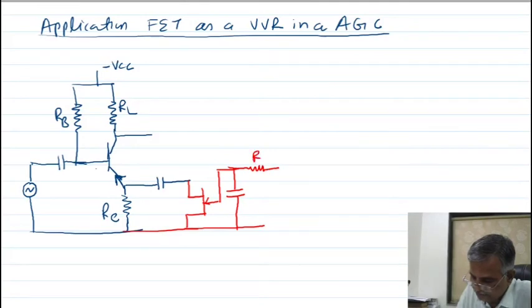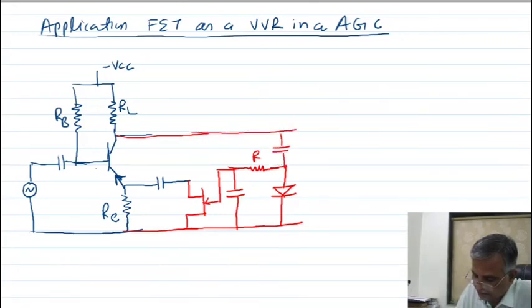This resistor R works as a clamper circuit, and this output here I am taking across the capacitor. This is the output voltage.